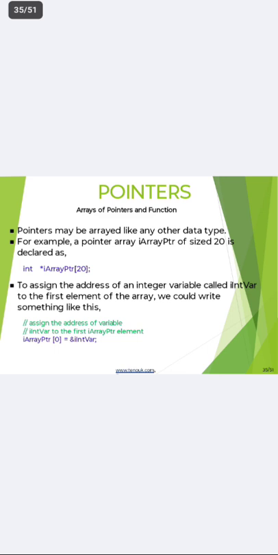To assign the address of an integer value called i_int_var to the first element of the array, we could write something like this: i_array_ptr[0] = &i_int_var.